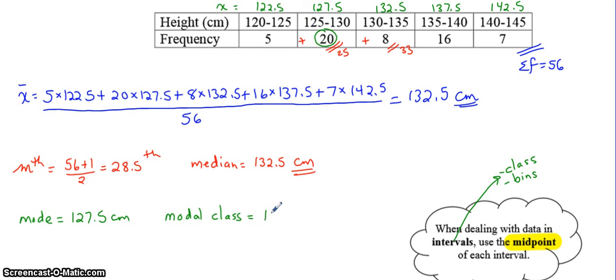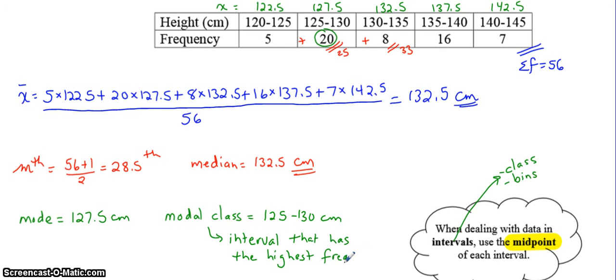So the modal class would be 125 to 130. So it's basically the interval that has the highest frequency. So please make sure you know that terminology, because that does come up on tests and quizzes, and a lot of times people forget what that means.